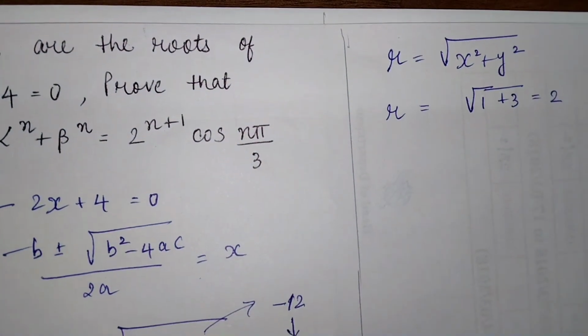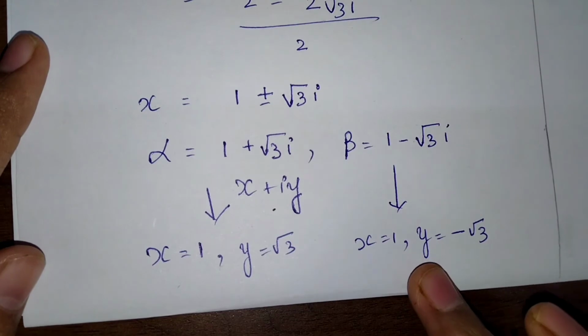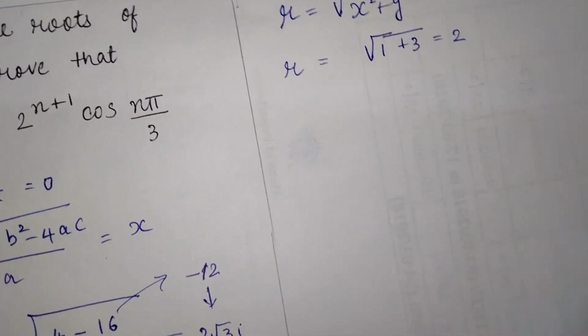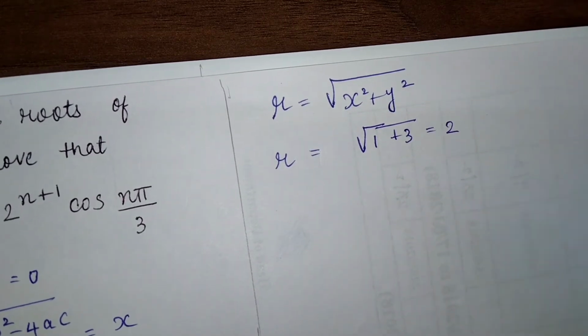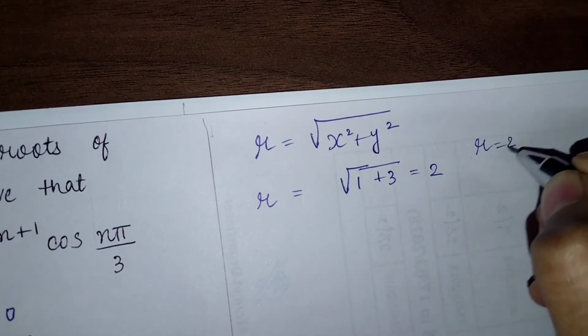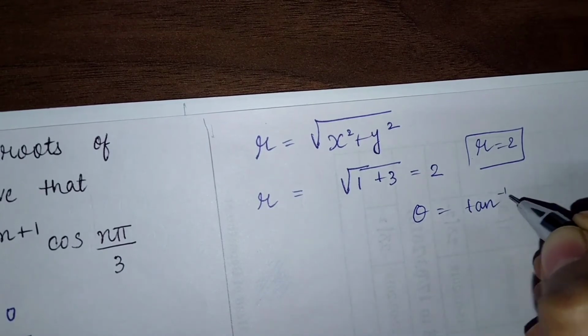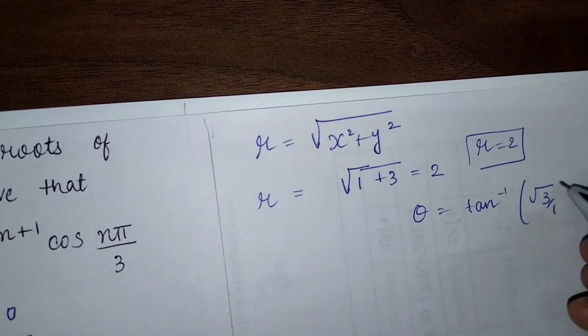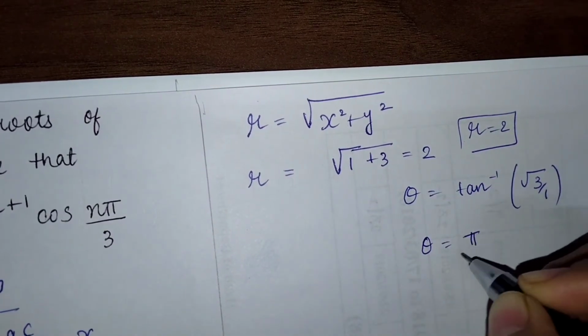So we got r equal to 2 here, and for beta also if we calculate r, we will get 2. So in both places we got r equal to 2, and if we find theta, then we will get theta equal to tan inverse root 3 by 1, that is theta equal to pi by 3.